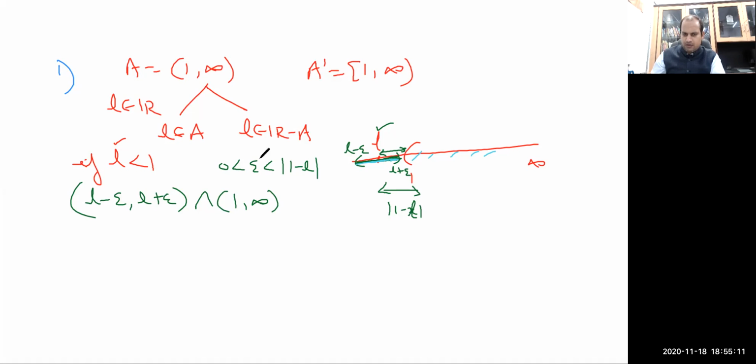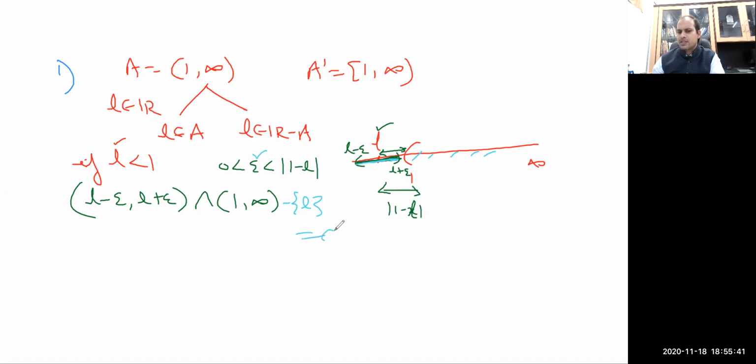Because the definition demands that it should intersect with every neighborhood of L, that is, for every epsilon greater than 0. But here we have constructed a neighborhood of L whose intersection with the given set A is empty. Here there is no need to write singleton L, because L is less than 1, so it is not going to be part of this set.